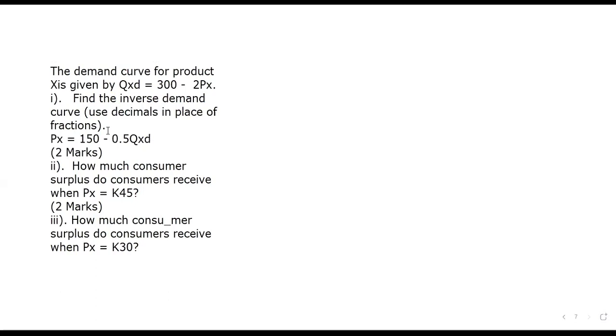So in this case, let's answer it as it should. So we are given Qx is equal to 300 minus 2px. So we're asked to calculate the inverse demand. Our task is simply to make P the subject of the formula. So when this one comes aside, px is equal to 300 minus what? 1Qx.